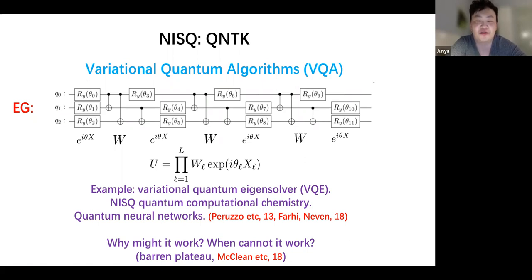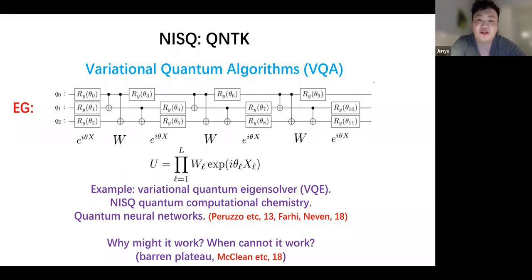For instance, we could make it act on some states and try to minimize the expectation value over some operators. That is our loss function. And we could use a classical optimization method, for instance gradient descent algorithms, to minimize the loss function.